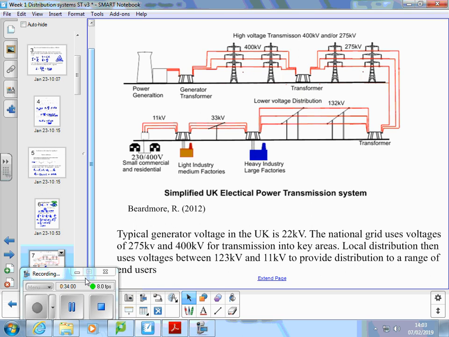And at those substations they then transform down to the 230/400 nominal voltages that we're used to if you have anything to do with electricity at work or at home.